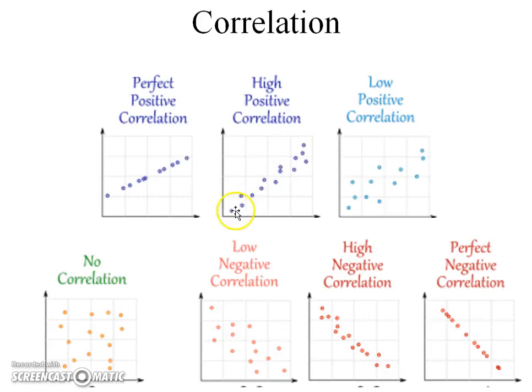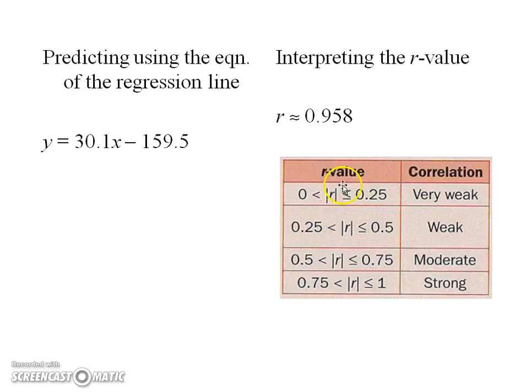If it's positive correlation, your R value is going to be positive. If it's negative correlation, your R value is going to be negative. But it doesn't matter because we take the absolute value of the R value anyway. Just keep in mind that we must have the absolute value bar for the R value, and then check if it's within the boundaries that represent the respective strength of correlation.